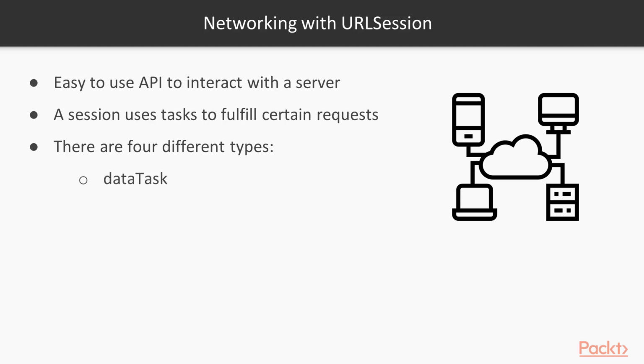First, which we're also going to use, is the data task. Then there is an upload task that would be used to upload data, a download task that could be used to download large amounts of data, and a streaming task if you want to stream data like a video. But I would say, let's get started with our first networking app.